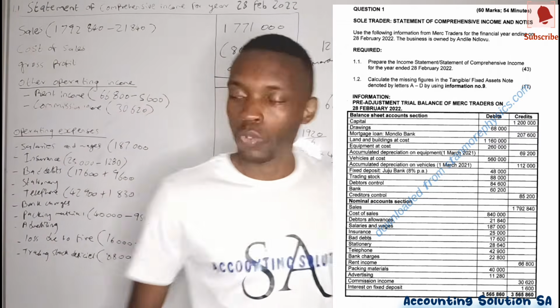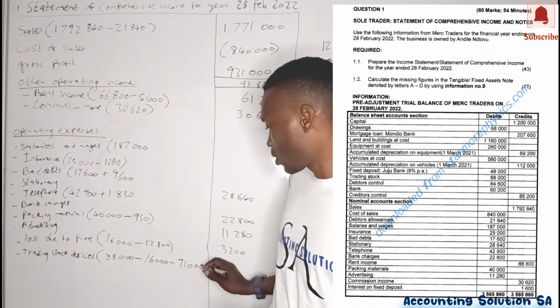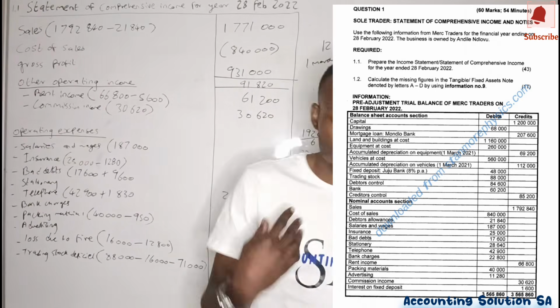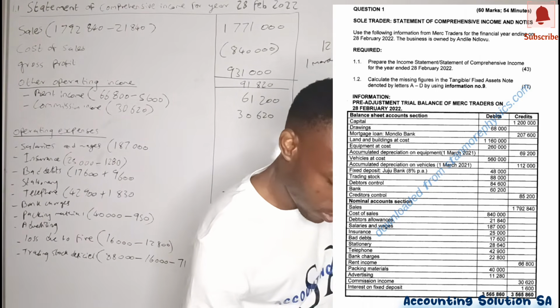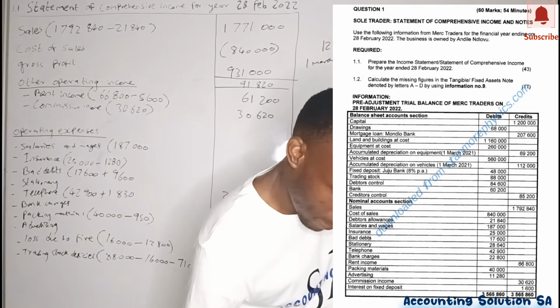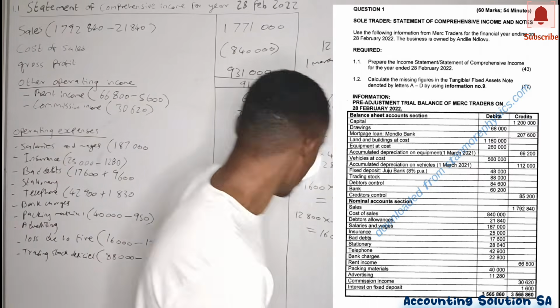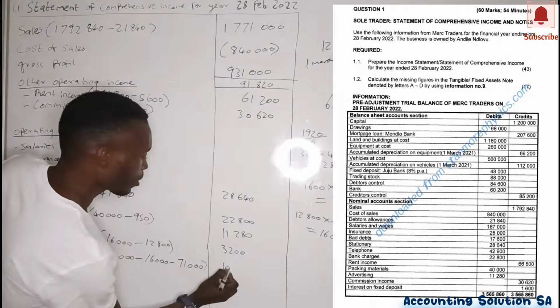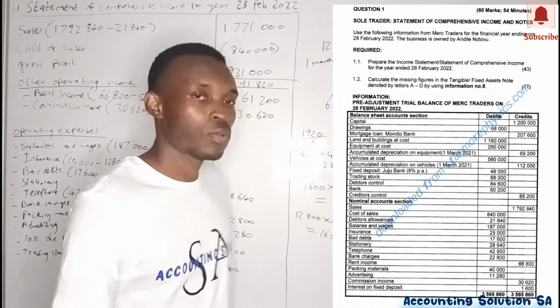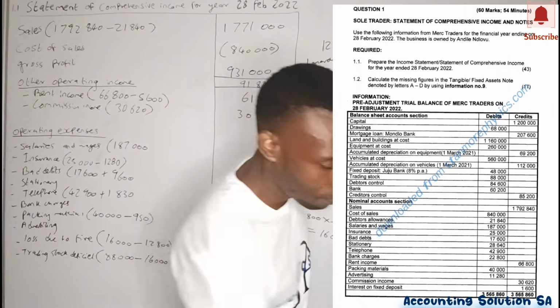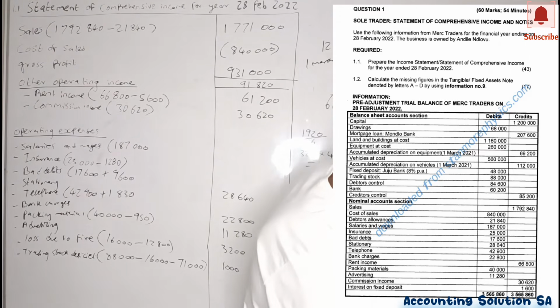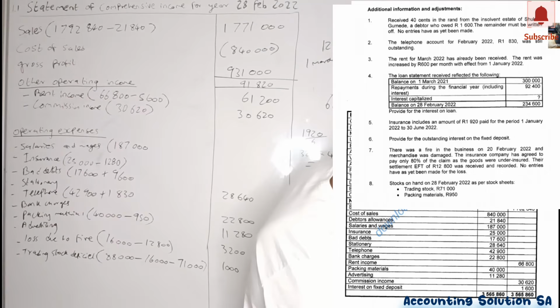So this is what you have to calculate so that you can get how much trading stock deficit we have. 88,000 minus 16,000 minus 71,000. It's going to give you 1,000 of trading stock deficit. Let's check if we have any other transaction.